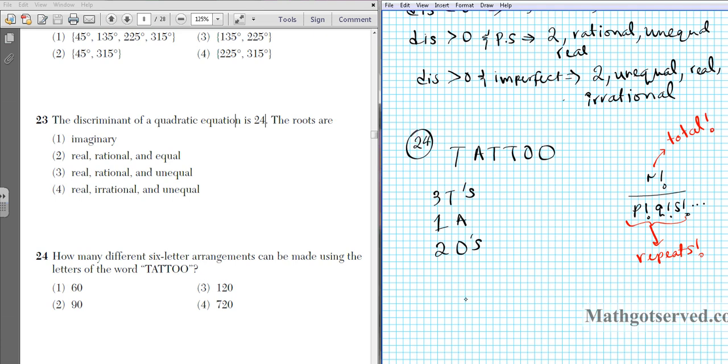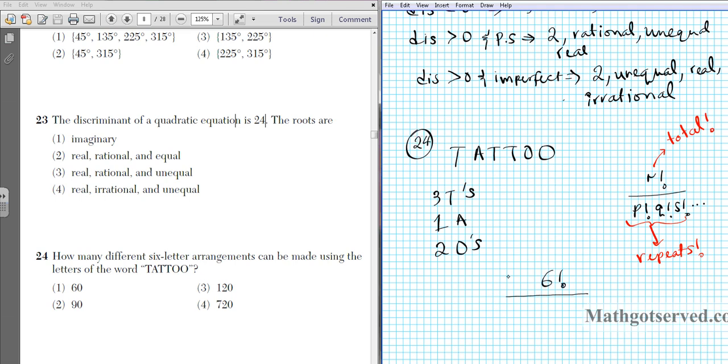So we have 6 in total. So the arrangements are going to be 6 factorial on the top. The repeats are what count, because the factorial of 1 is 1, so that doesn't change the result.